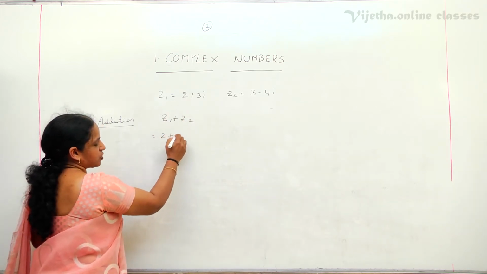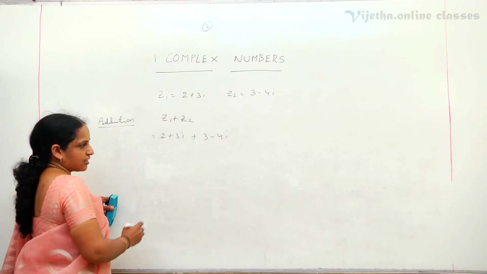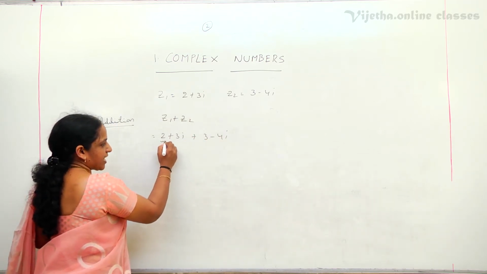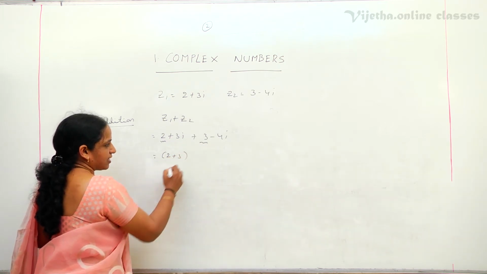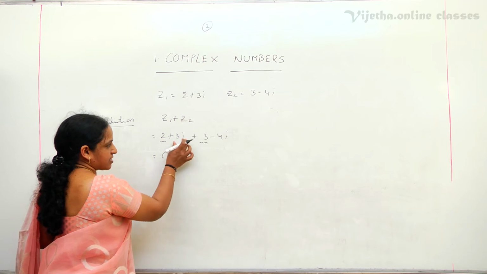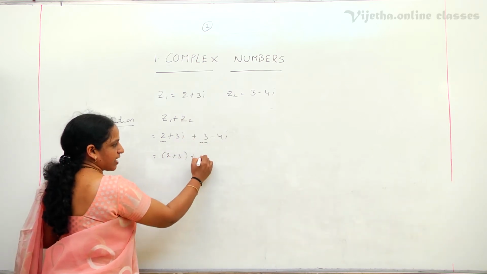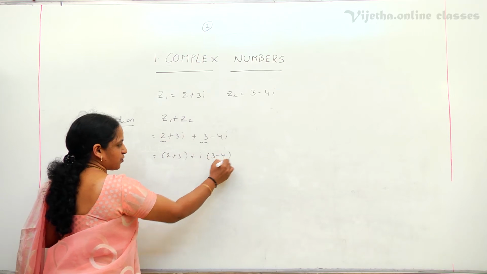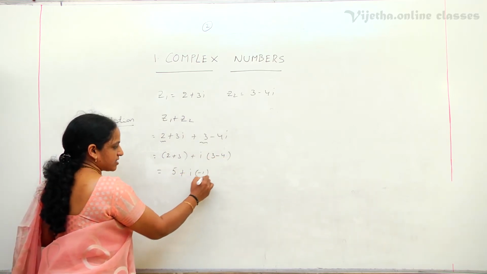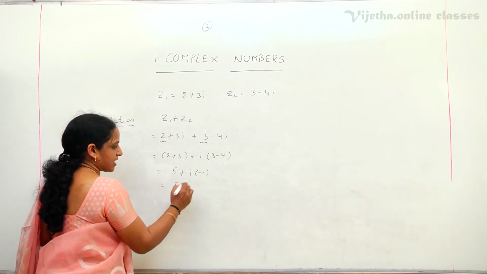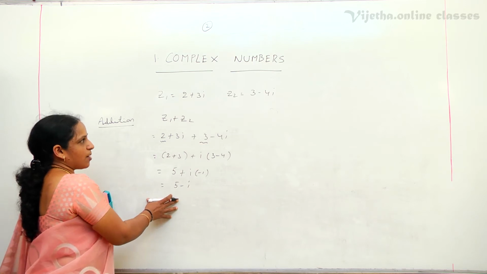Here Z1 is 2 plus 3i and Z2 is 3 minus 4i. So the sum of real parts 2 plus 3, and the imaginary parts 3i and minus 4i. Take i common, 3 minus 4. So 5 plus i into minus 1, that equals 5 minus i. This is the addition of two complex numbers.